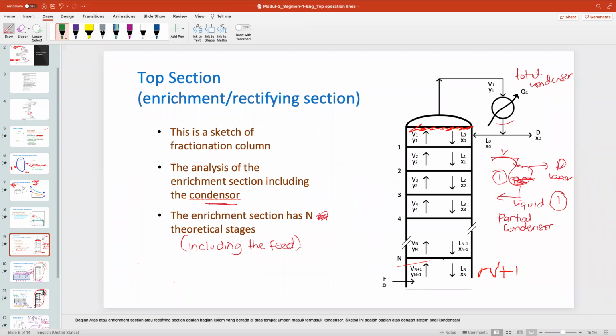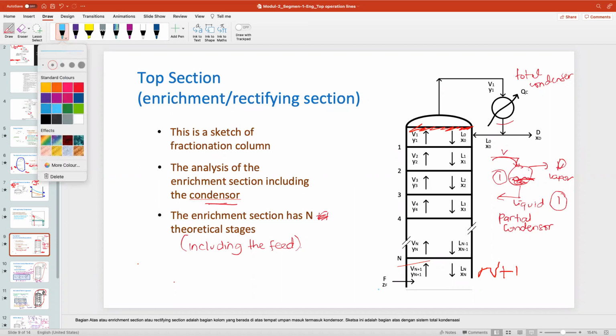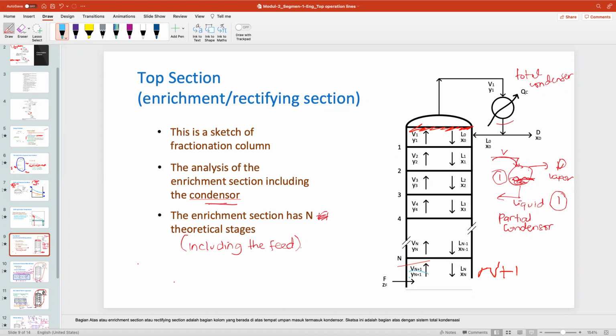Now, the question is here. We know the correlation between yn plus 1 and xn by the operating line: yn plus 1 equals R divided by R plus 1 times xn plus xD divided by R plus 1.